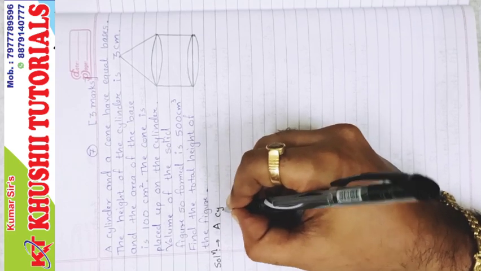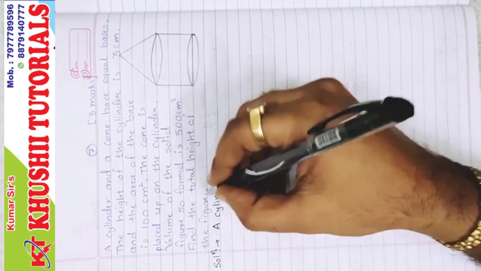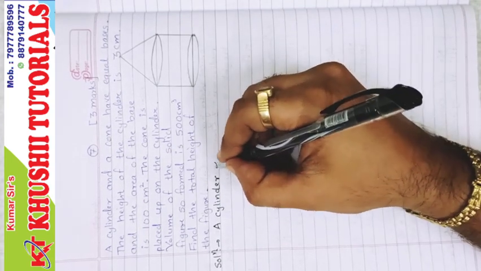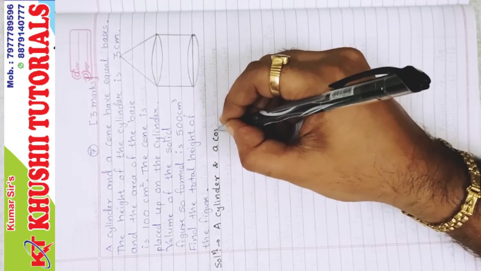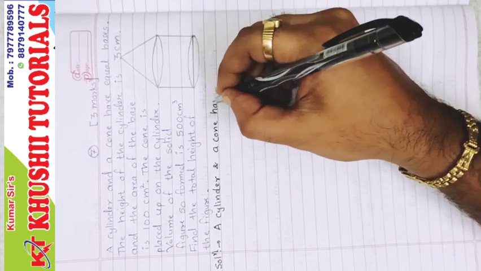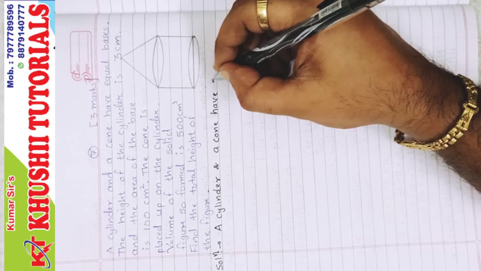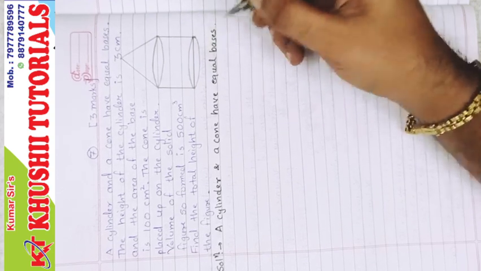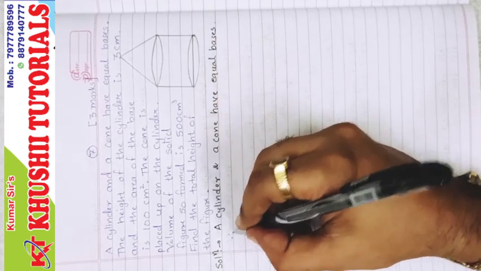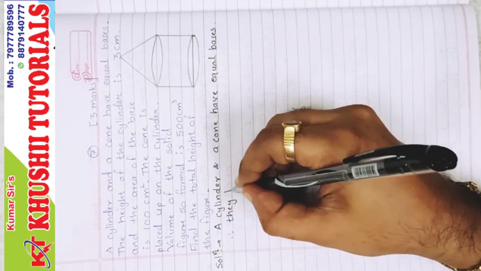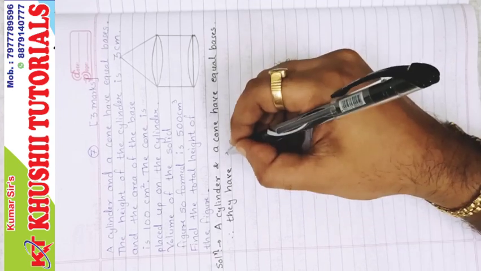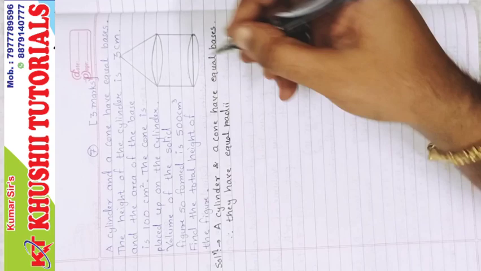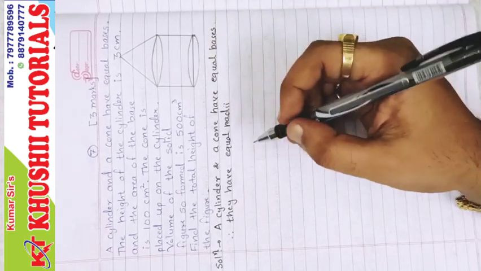A cylinder and a cone have equal bases. Therefore, they have equal radii, because equal circle means equal radii.